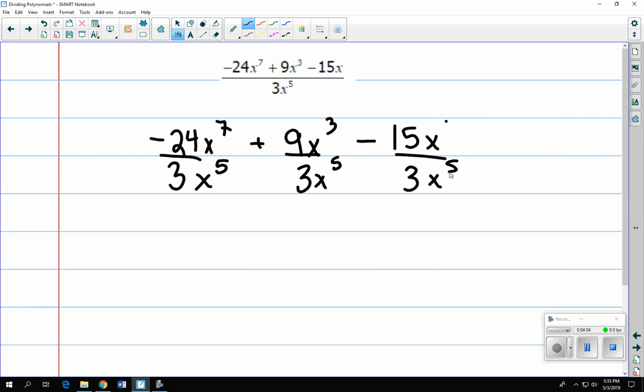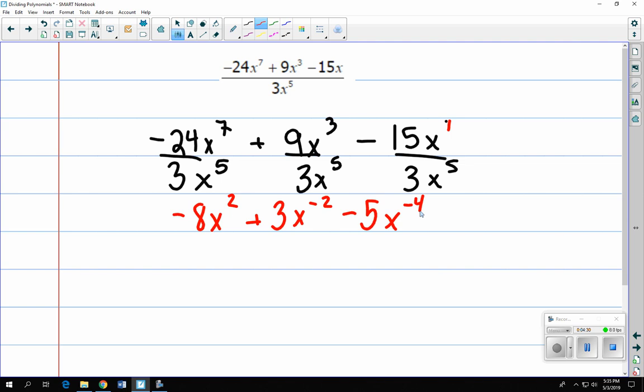So start off, negative 24 divided by 3 is a negative 8. x to the seventh divided by x to the fifth will give me x squared. Plus 9 divided by 3 is 3. x to the third divided by x to the fifth will give me x to the negative second. Minus 15 divided by 3 is 5. x to the first divided by x to the fifth will give me x to the negative fourth.